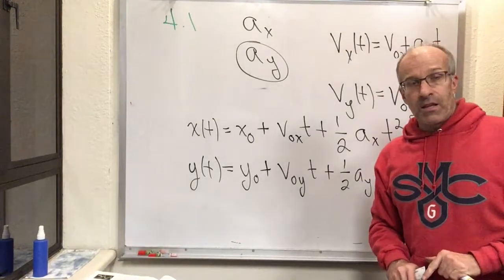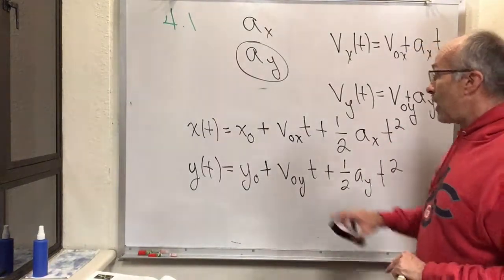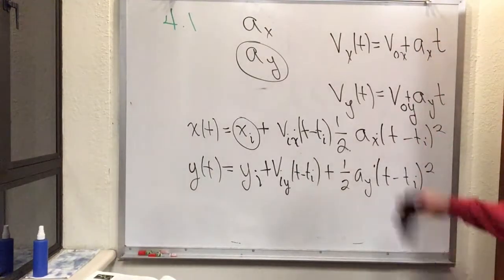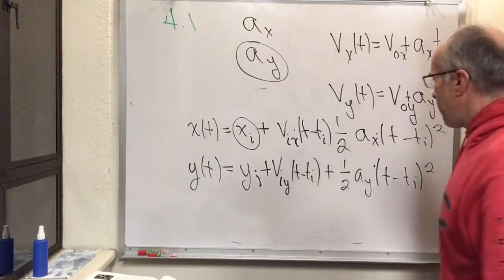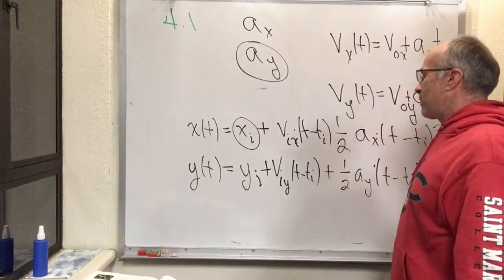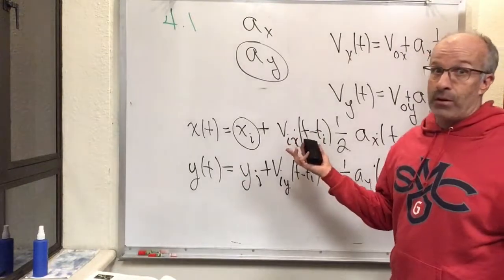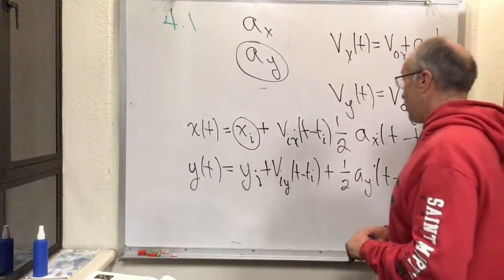Now, if you don't want to take the initial time to be t equals 0, you have to generalize this slightly, okay? So this doesn't really gain you all that much, except that in some problems it's kind of convenient not to have the initial time to be 0 in case something happened earlier and you want that time to be 0.